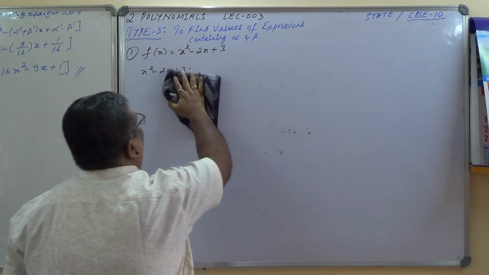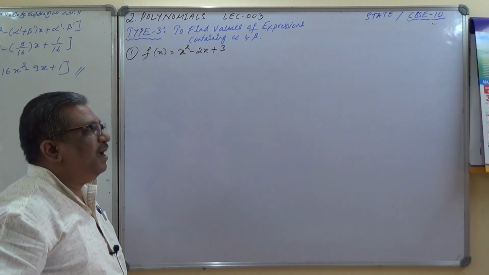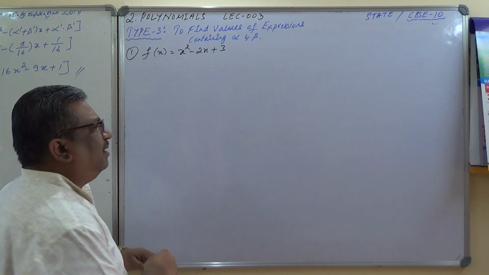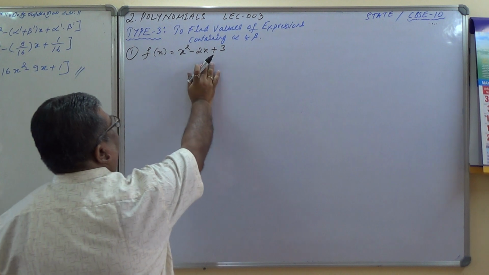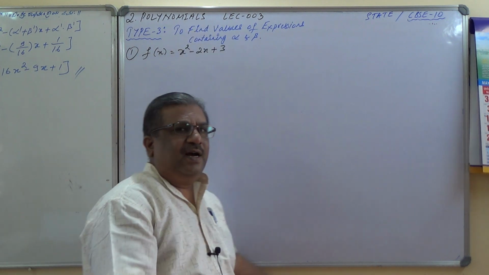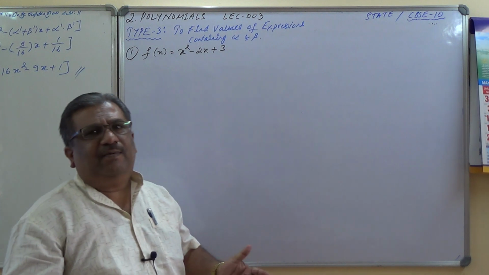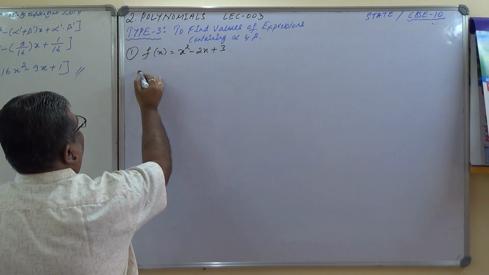Isn't it? And therefore, it is not possible to split the middle term and find out the roots of this equation. Now, for this equation, what do we have to find out? I have to find a series of questions here. And how to find them? Let us see. First, let me find the sum of zeros and product of zeros and keep it ready. Then I list the questions, a series of questions, and we'll try to solve them. First, find alpha plus beta, sum of zeros.